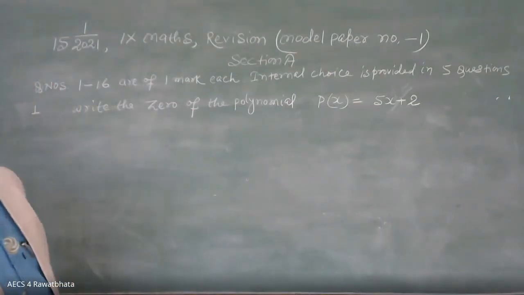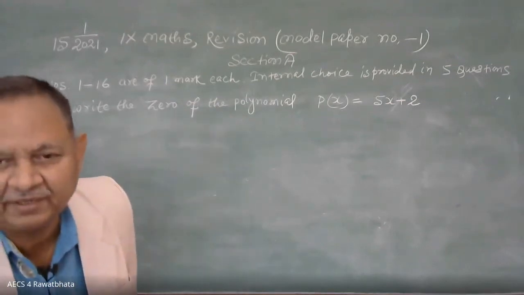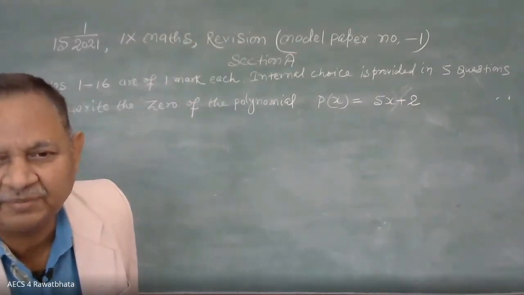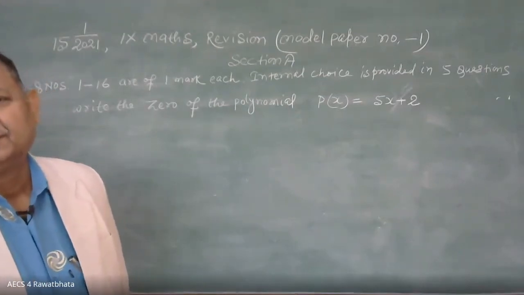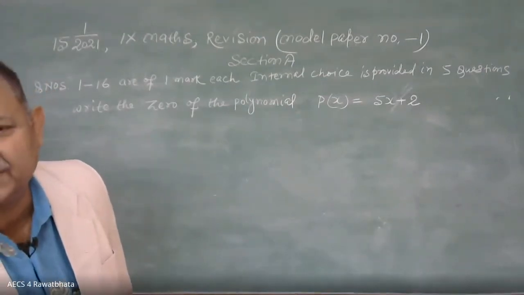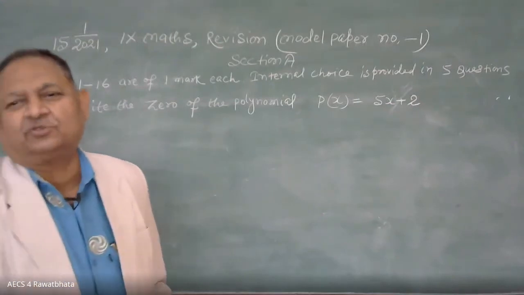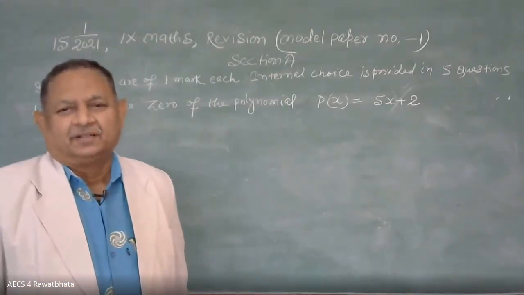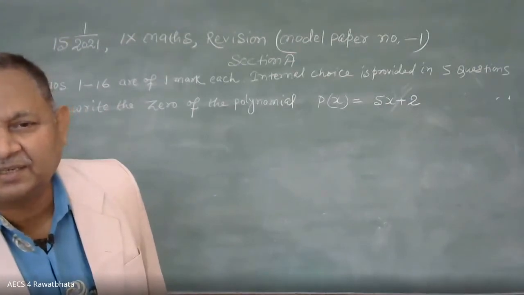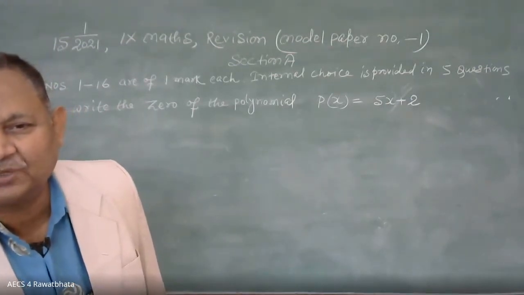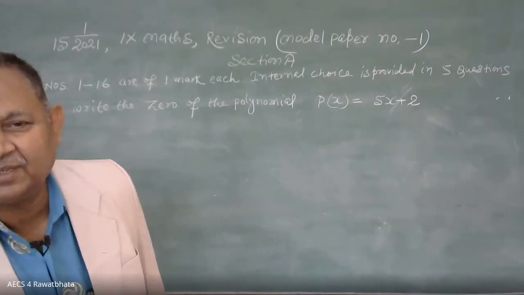Write the zero of the polynomial. Hardik Jain, -2/5. -2/5. Hardik Jain, Vibha Hada, -2/5. Lakshita Dhakar, Garvit Sharma, Mohini Shukla. Okay.